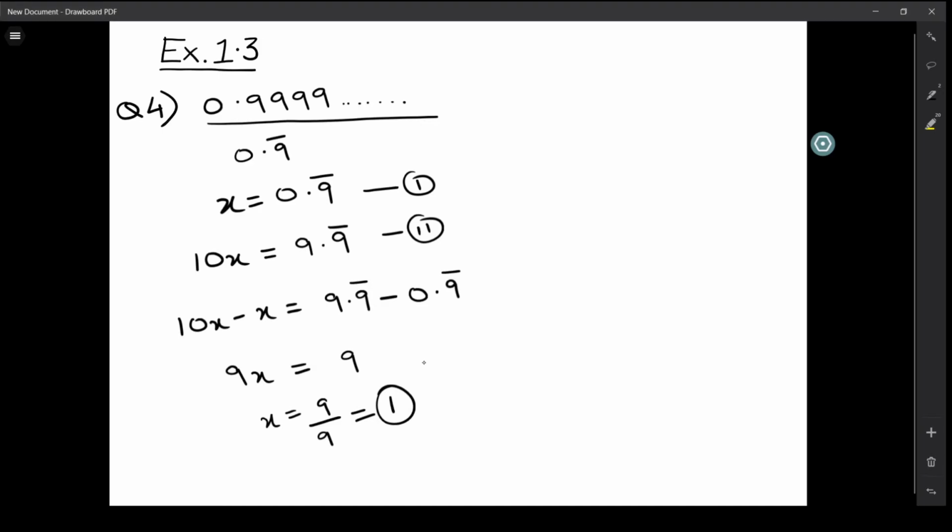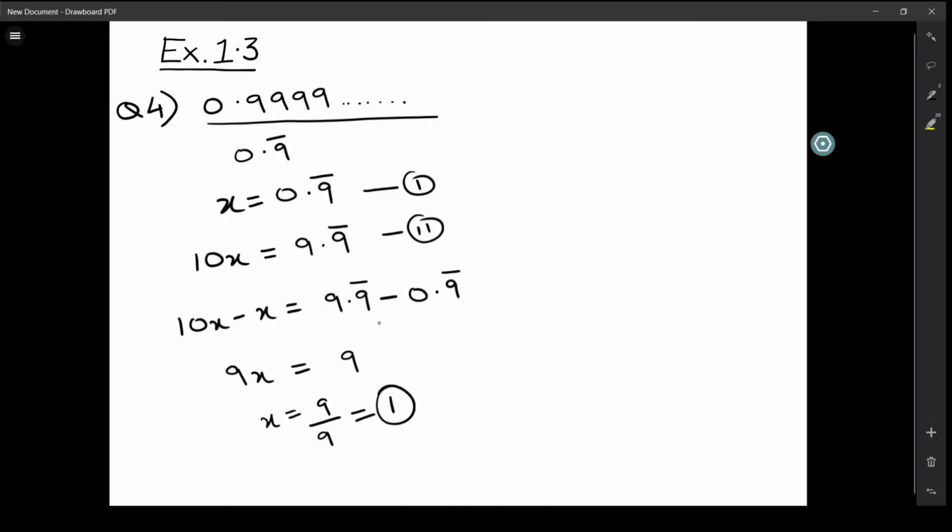And why does it even make sense? The reason is that when we're representing the number in the form p by q, we're not representing it the exact way it is. It's simply a closest representation of this, right?